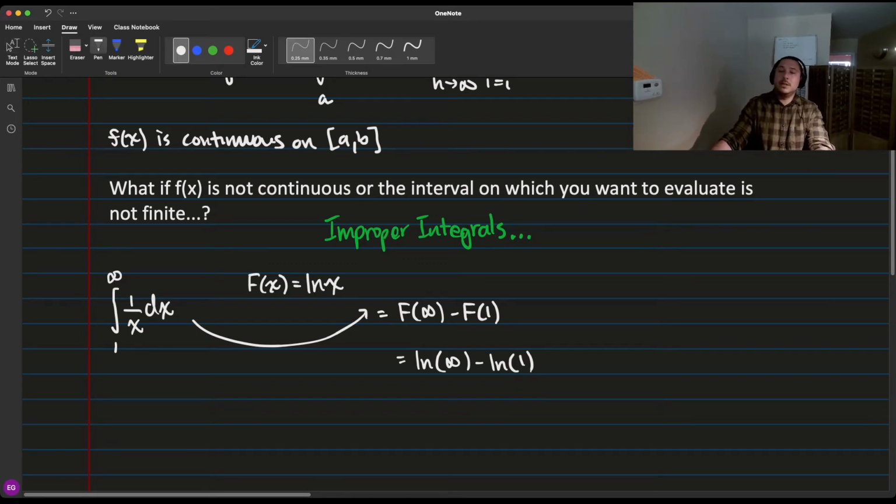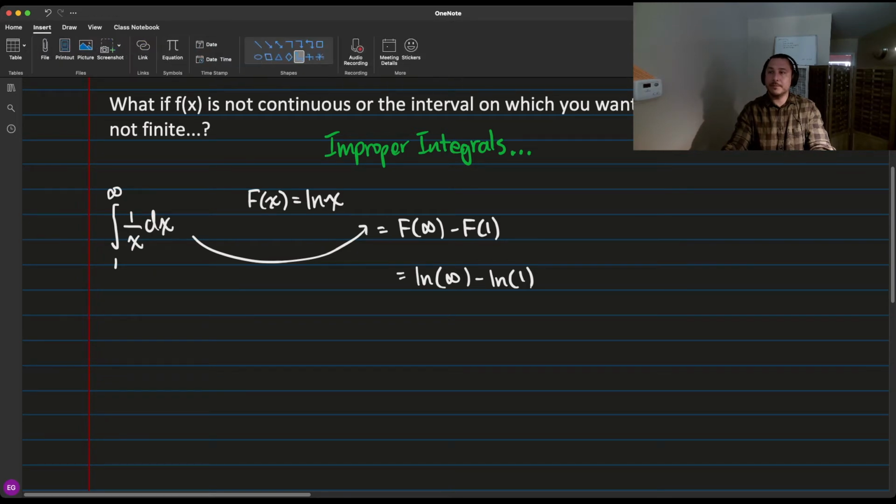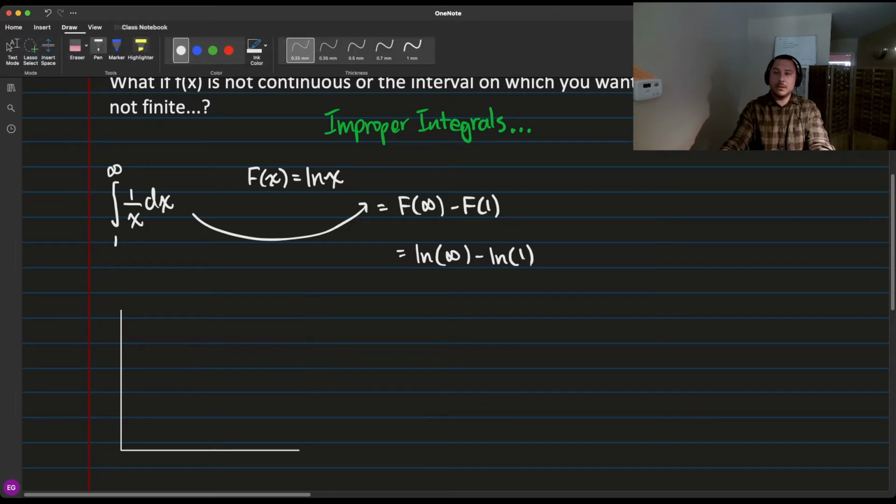So what do you do with this? Well, there's actually a pretty easy way to deal with it. If you think about what's going on here, you have your function 1 over x, which looks something like this.